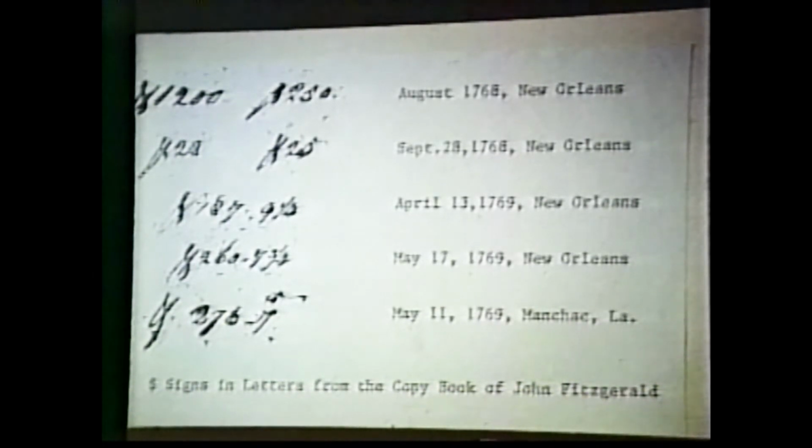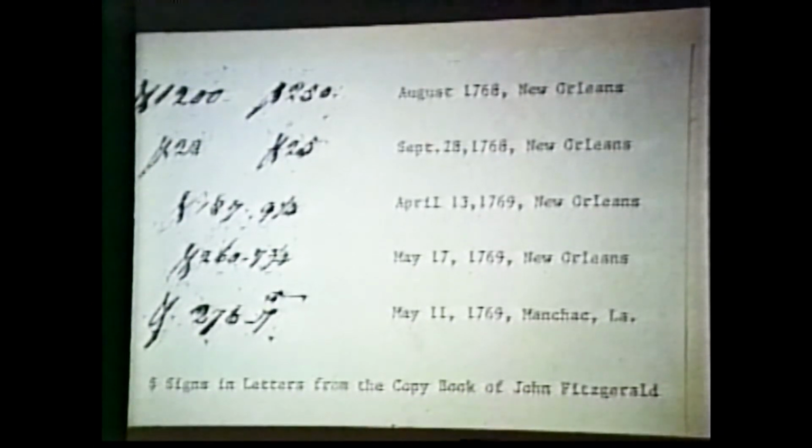You notice beginning at the top how simple the S now becomes with a stripe, and as you work your way down, they're writing it faster and faster as they have more numbers, and this group of scribes were just putting two lines up and down with some kind of a stroke across it. And these are the earliest dollar signs we have ever been able to find in America.